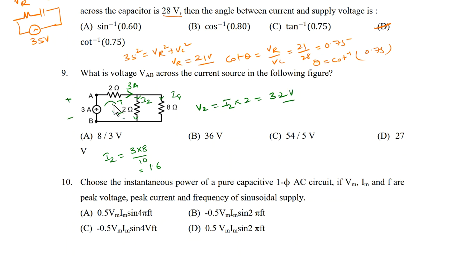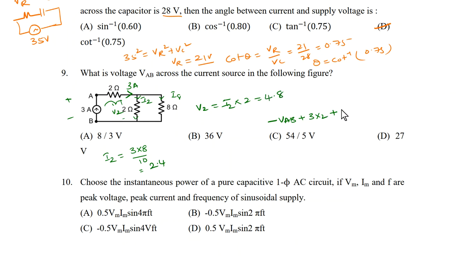Apply KVL in this loop. Okay, in this loop, if you apply KVL, so minus VAB plus 3 into 2, plus here the current will be I2. Okay, so let's make a correction here. It's not 1.6 here. So 2.4. Okay, so here we have 4.8.